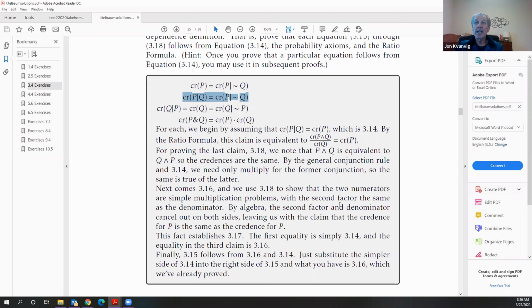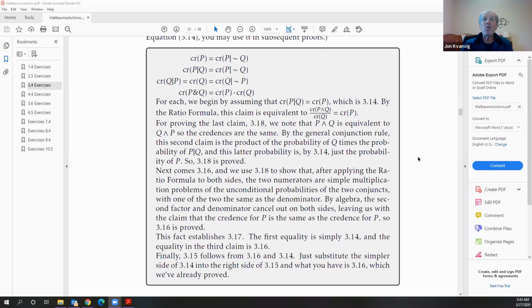By algebra, the second factor and denominator cancel out, leaving us with the credence for P being the same as the credence for P. Let me stop for a moment and go back. There's a mistake here that I need to fix, and then I'll come back and we'll try this one again.